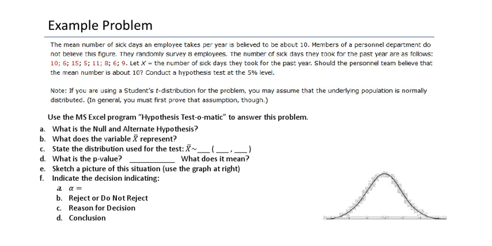First of all, we might ask, well, what is the null and alternate hypothesis? Well, our null hypothesis is that we're told that the mean number of sick days a person takes per year is 10 days per year, right?